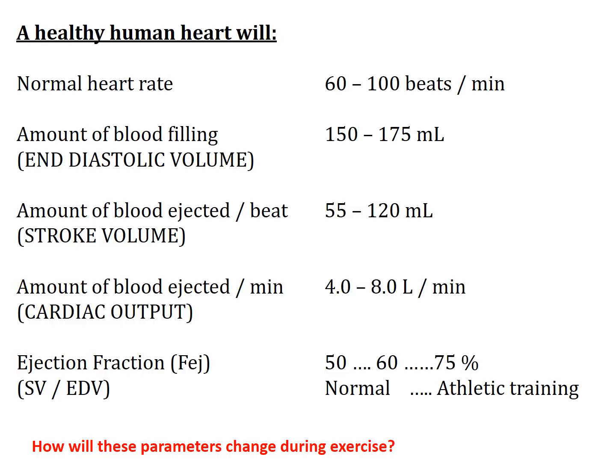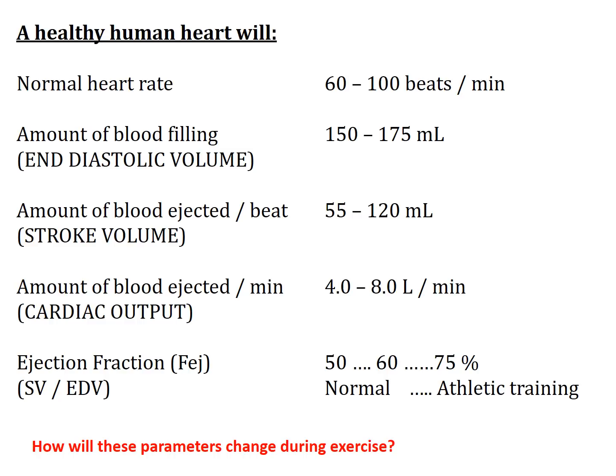And the ejection fraction describes the amount of blood ejected out of the ventricle compared to the amount of blood that it filled with. So the stroke volume over the end diastolic volume gives you the ejection fraction. At rest, that's about 50 to 55%. But with good athletic conditioning, that ejection fraction can increase to even better than 75%.